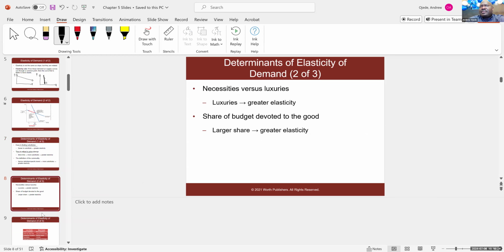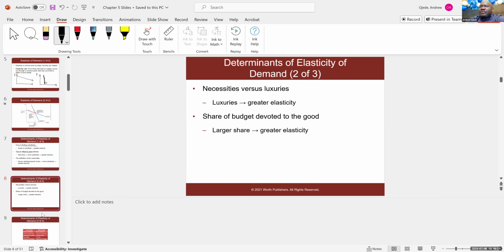And then I talk about necessities versus luxuries. If consumers find out the goods they're using are necessary, they don't have a choice. Like water, you need water. Water is a necessary good. Food is a necessary good. Then an increase in the price of water is going to trigger a disproportionately smaller response by consumers in cutting back the quantity demanded. So the demand for water is going to be inelastic.